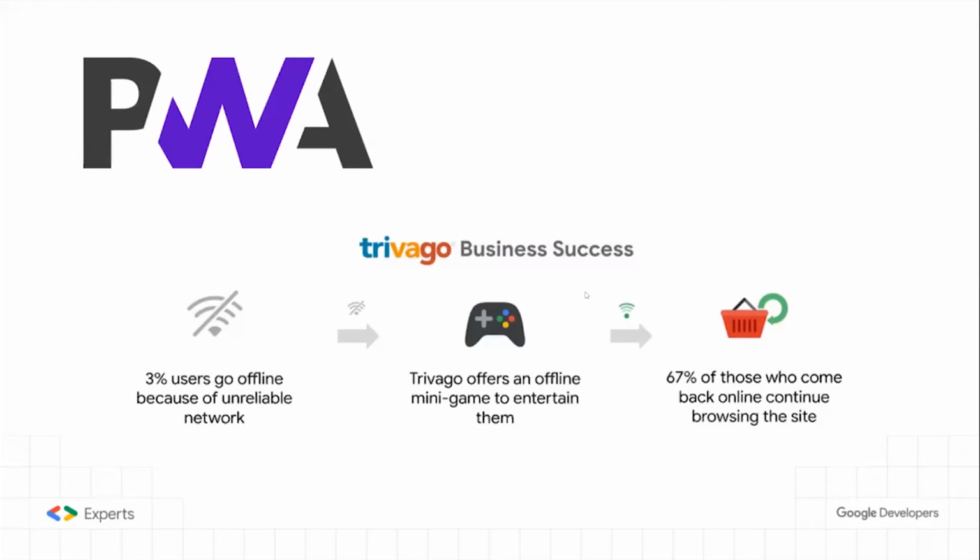So the thing is, it's not about the dinosaur going up and down. You just play it when there's no internet. You can provide some experience, or you can provide even the whole experience on your site, even offline, and they will be happy about it.